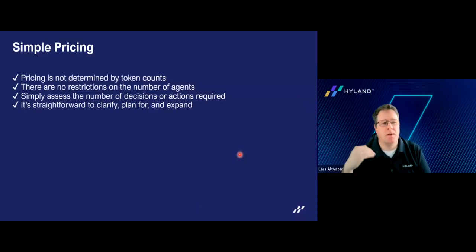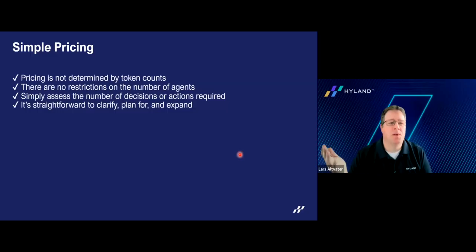That makes for relatively simple pricing. It's not determined by token count, so you don't have to try to anticipate how many input and output tokens are there. There's really no restriction on the number of agents that you can deploy. It simply assesses the number of decisions or actions that are required to drive your agentic process.